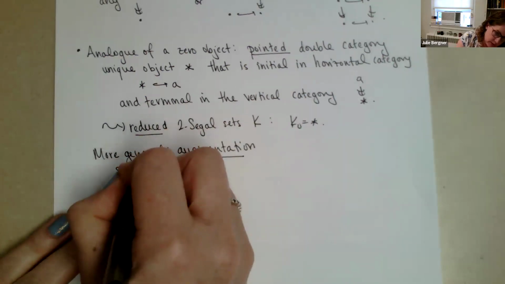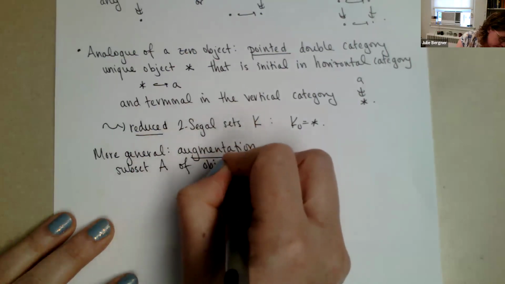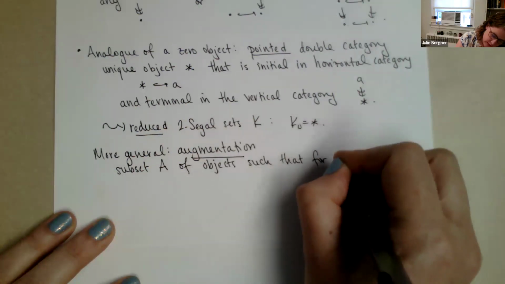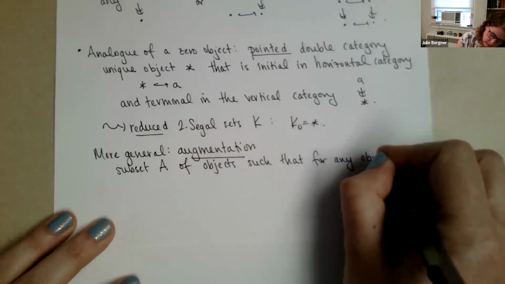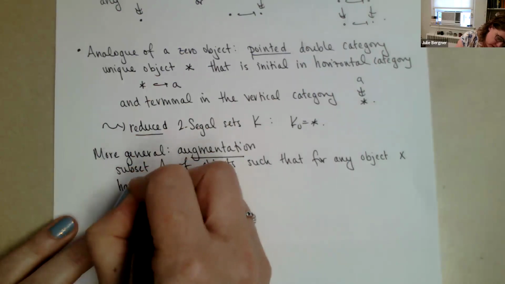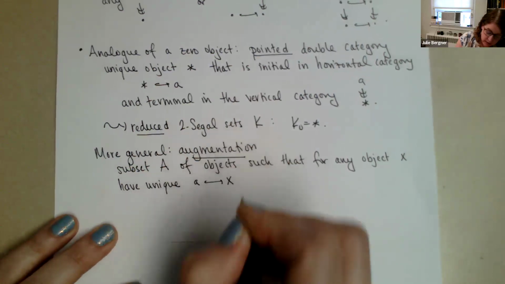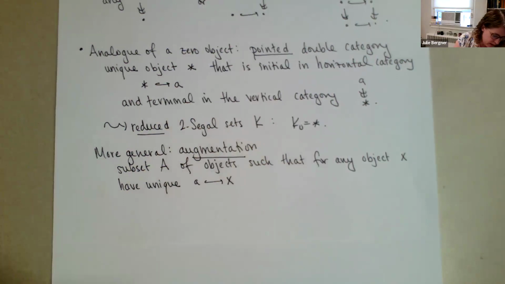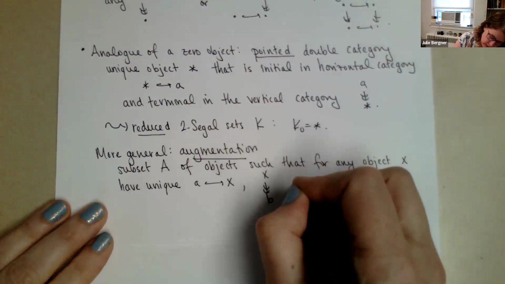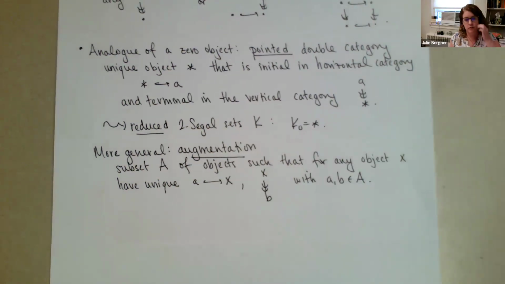So this is a subset A of the objects such that for any object X, we have a unique horizontal map A to X, and a unique vertical map from X to B, with A and B in the augmentation.